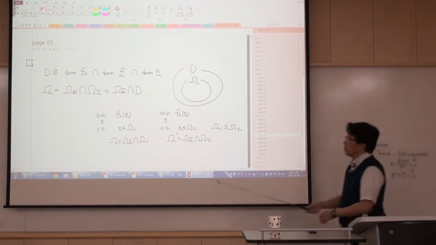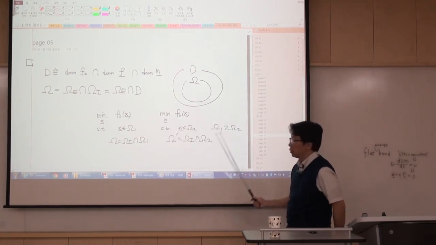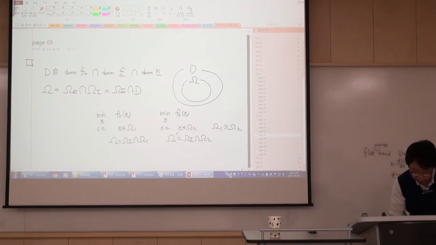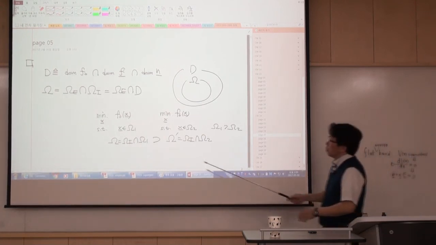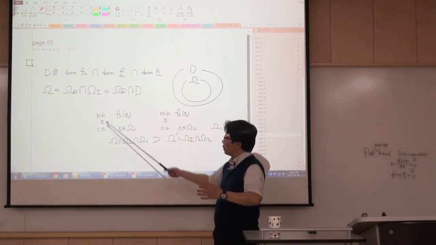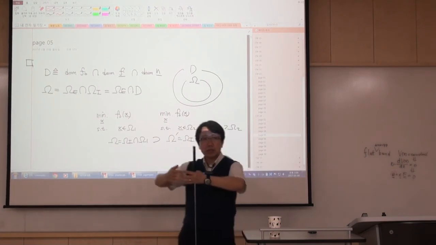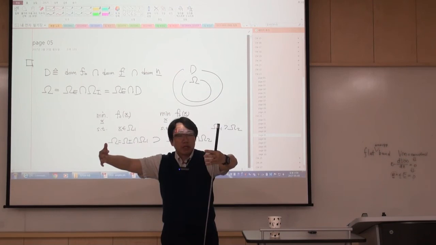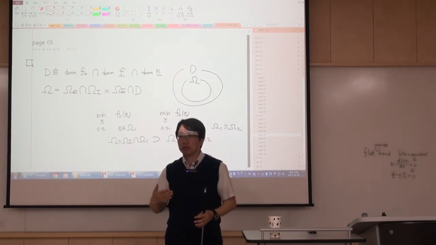Which one is bigger? This one is bigger, right? Definitely. What does that mean? If you search for the optimal solution in a bigger space, then you have the possibility to achieve a lower minimum value.